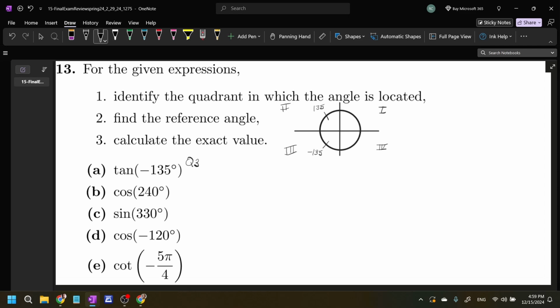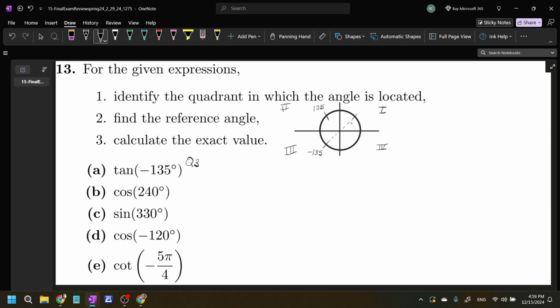They want us to find the reference angle. So the reference angle of negative 135 degrees is going to be the angle in quadrant 1 that has the same trigonometric ratio. And that's the angle straight across. If it's in quadrant 3 and we already have our graph, we can just draw the line straight across.